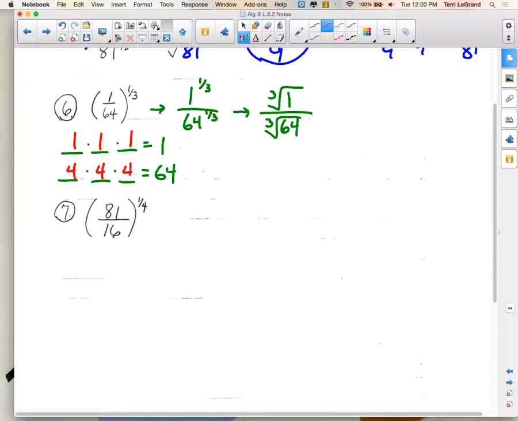What's the final answer to this one? 1/4.